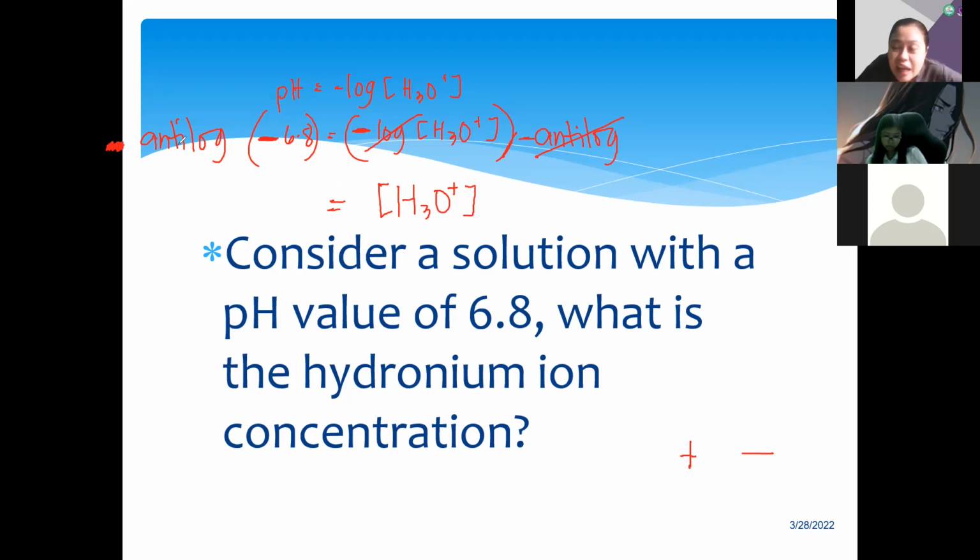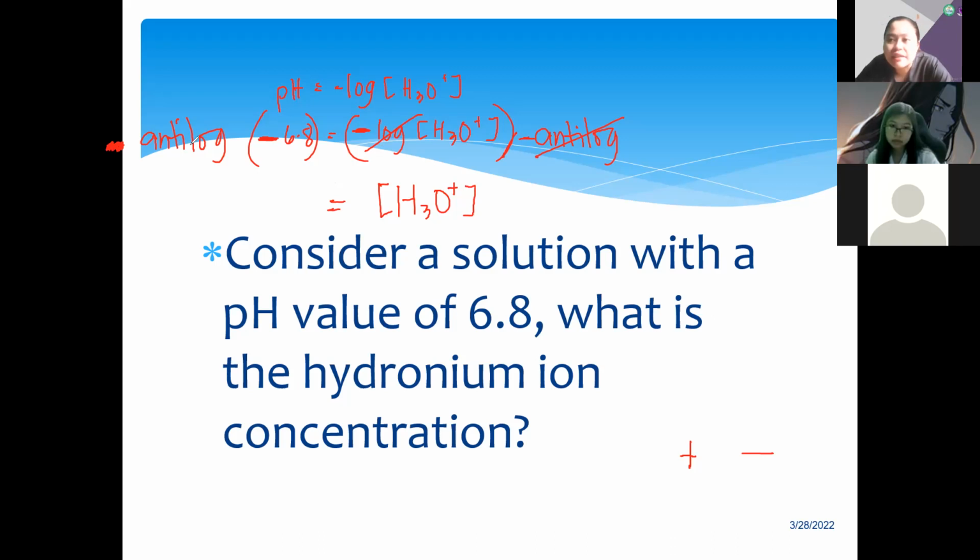So again, we will do the anti-log. How will you do it in the calculator? Please take note. The anti-log is done by pressing shift log. Press shift log on your calculator and then enter negative 6.8. Again, shift log and then negative 6.8.